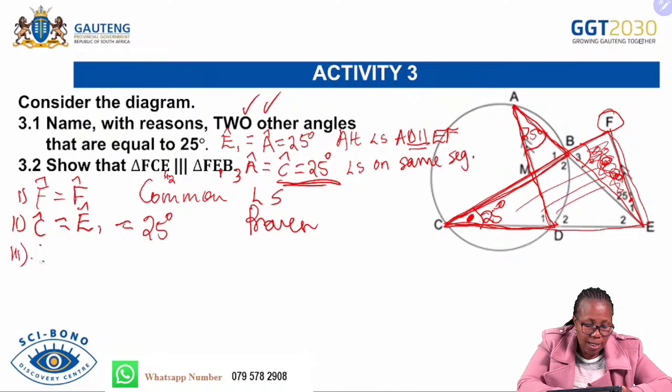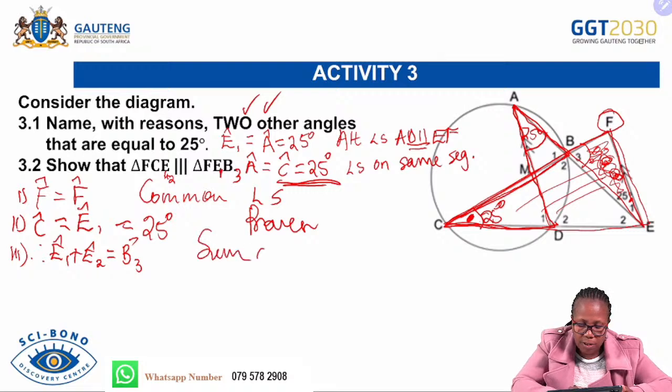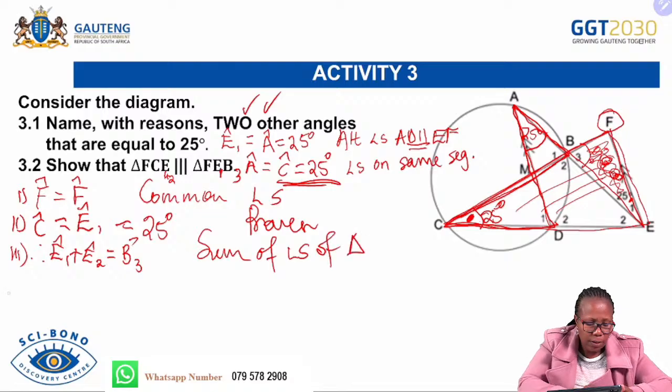So we can just say, therefore, angle E1 plus angle E2 is equal to angle B3. Because of what? Sum of angles of a triangle, or remaining angles of a triangle. Therefore, triangle FCE is similar to triangle FEB.